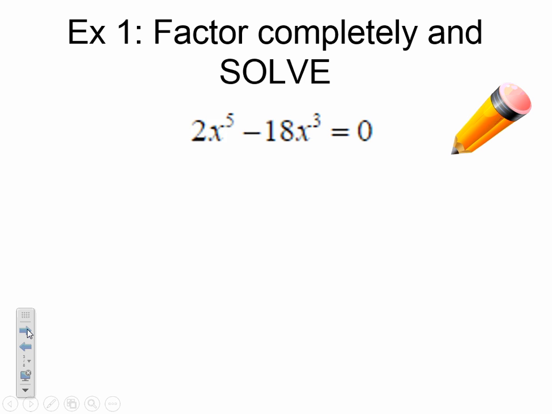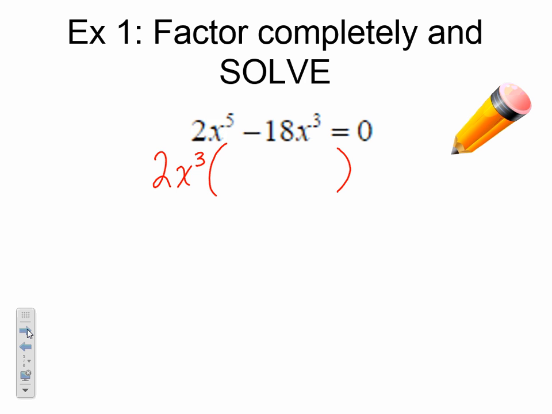If we're going to factor this to help us find the solutions, I'm noticing that both of these have a greatest common factor that can be divided out of them. I'm going to take out the greatest common factor, 2x to the third, because both of those terms can be divided by that. If I do that, what's left?